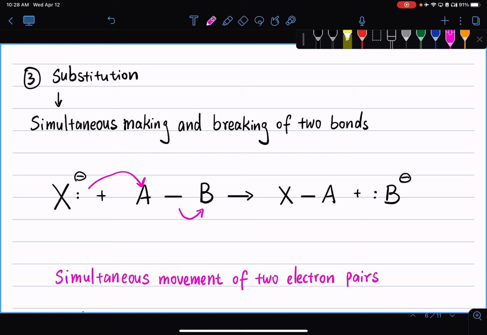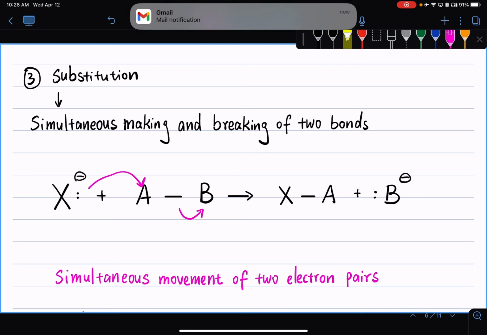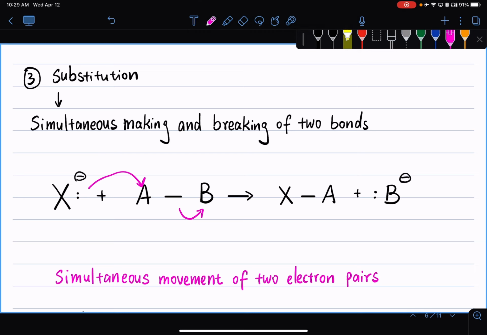So the way the electron is moving is simultaneous: the electrons on X minus, on your anionic starting material, form a new covalent bond with atom A. And at the same time, we're breaking the covalent bond between atom A and atom B. Typically, the substitution reaction requires my AB to be a polar covalent bond.